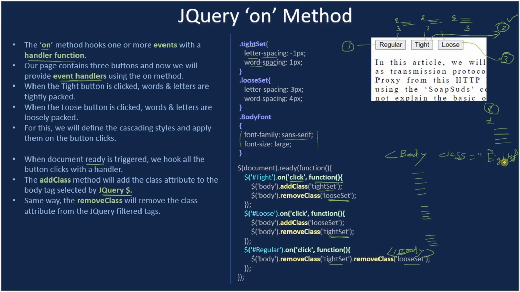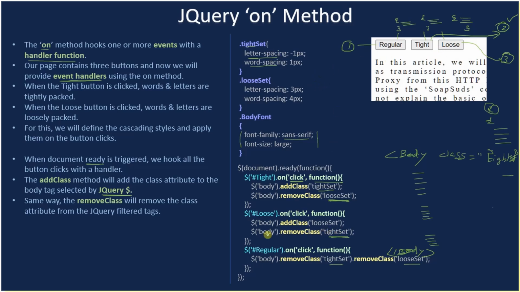That means we would have two class attributes here, tightSet as well as looseSet. So we need to remove this tightSet, and that's what we are doing. The end effect is that the class attribute will have looseSet now on the body. The previously applied tightSet will be removed, then the looseSet will be added.